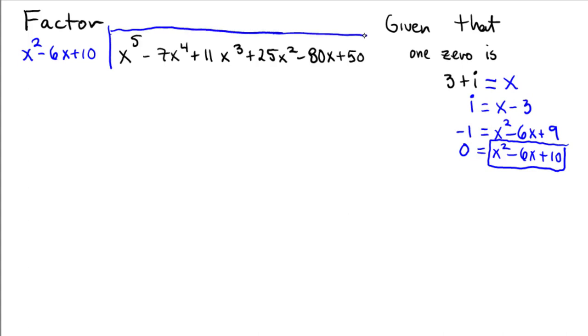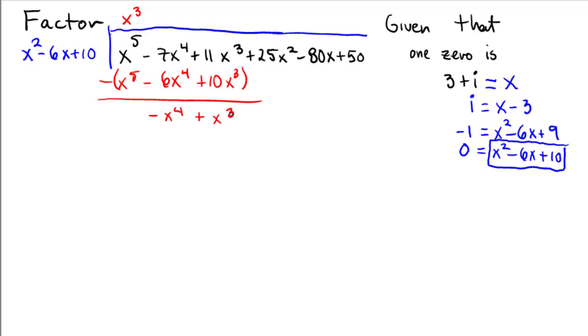Okay, so x squared going into x to the fifth would be x cubed. Multiply would give me x to the fifth minus 6x to the fourth, and then plus 10x cubed. Subtract, that one's gone. This one will give me a negative x to the fourth, and 11 minus 10 is 1x cubed. And then I'll carry down the next piece for a plus 25x squared. To get the negative x to the fourth, I'll need to introduce a minus x squared.